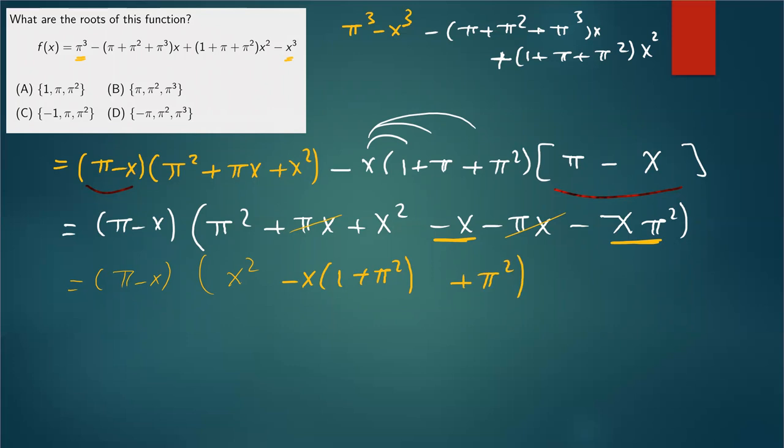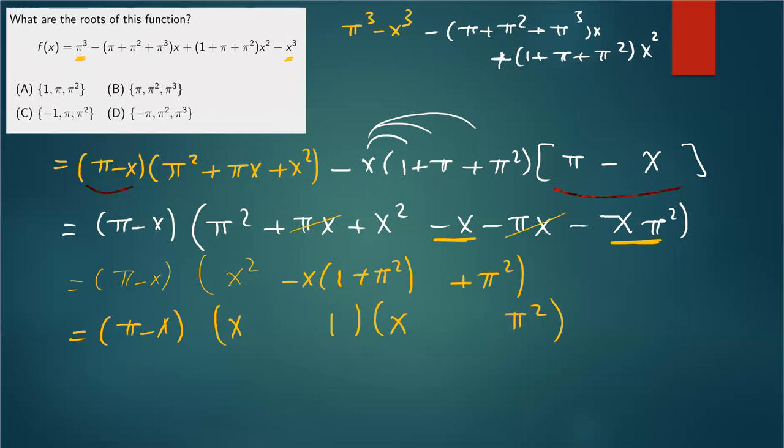To factorize this one, it's a quadratic. x squared is x times x. And I need to factorize pi squared into two factors with sum 1 plus pi squared. So I know pi squared can be factored as 1 times pi squared or pi times pi. In this case, it's not pi times pi for sure, because the sum is not 2 pi. So it will be 1 times pi squared.